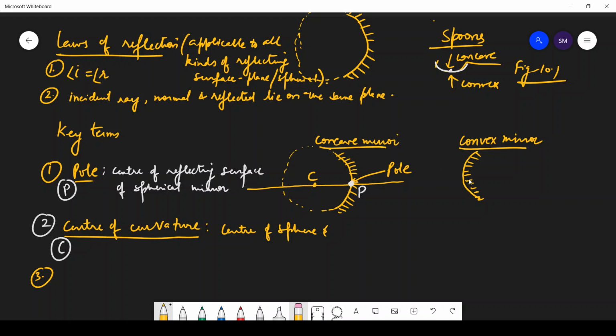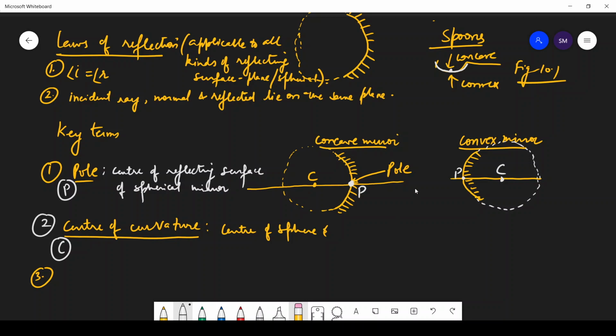So let us draw the pole and center of curvature for convex mirror. The center of this reflecting surface is your pole. Now you have to complete this spherical surface, so it will become a sphere. And the center of this sphere is your center of curvature.